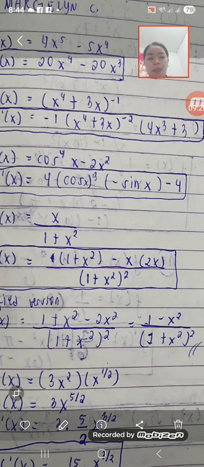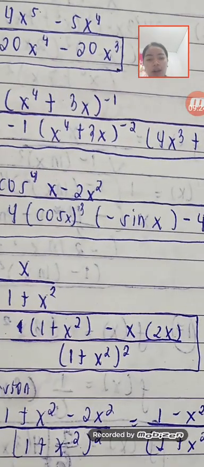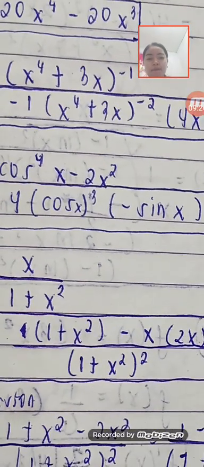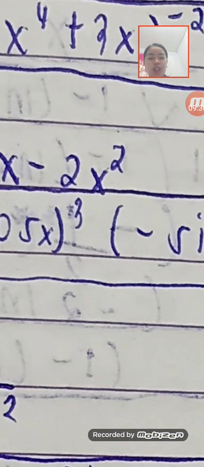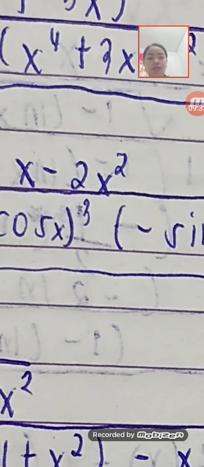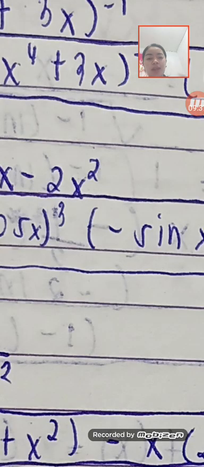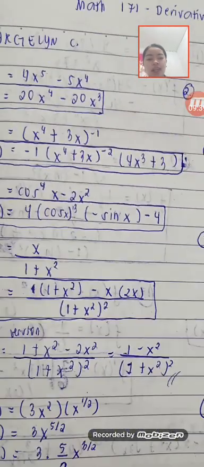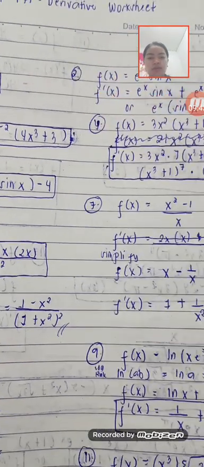After that one, why is there negative 4 here? Because, again, the derivative of the second expression is negative 4. Okay? Because negative 4 times 1 is negative 4. That's why we have here negative 4. So that is our final answer.